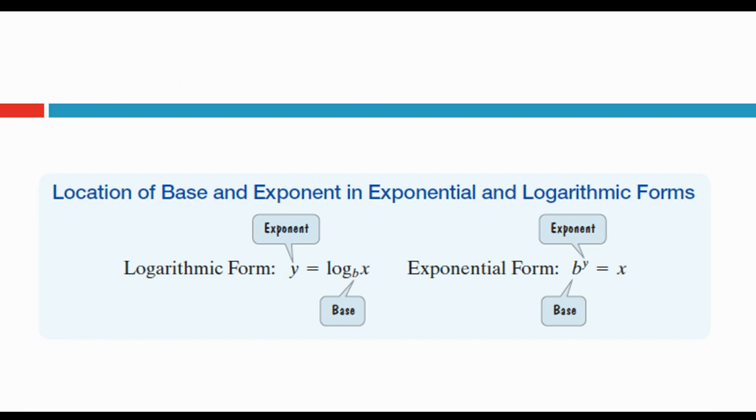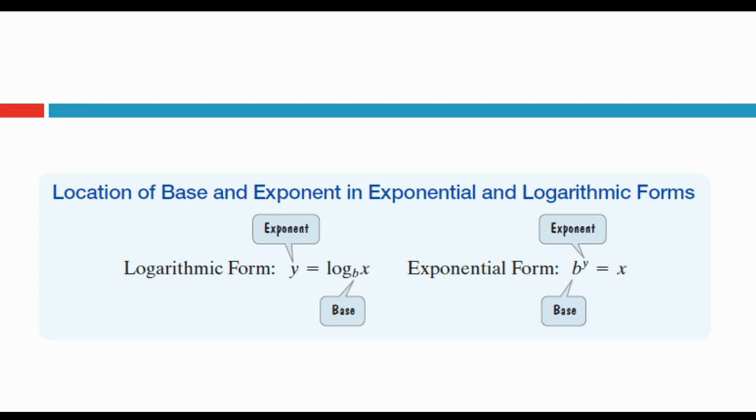So, like I kind of mentioned, that little subscript b is the base, and in exponential form, it's the base of the equation. So notice that in log form, whatever the log is set equal to is then technically considered the exponent when it's written in exponential form.